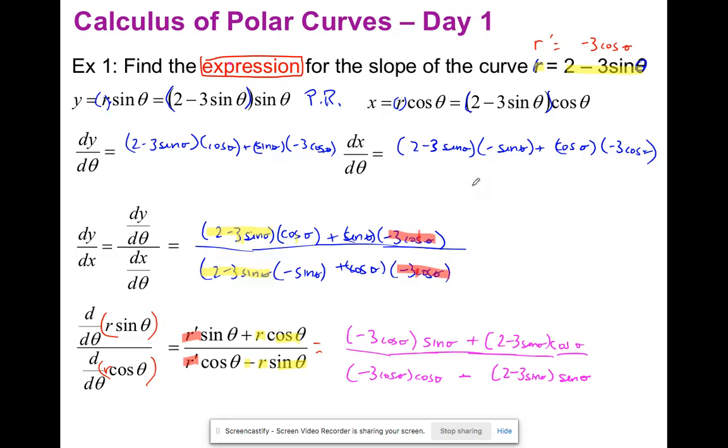So what if I said I want the slope of the curve at, put it here, dy dx at the point 2 comma pi, which is r comma theta.